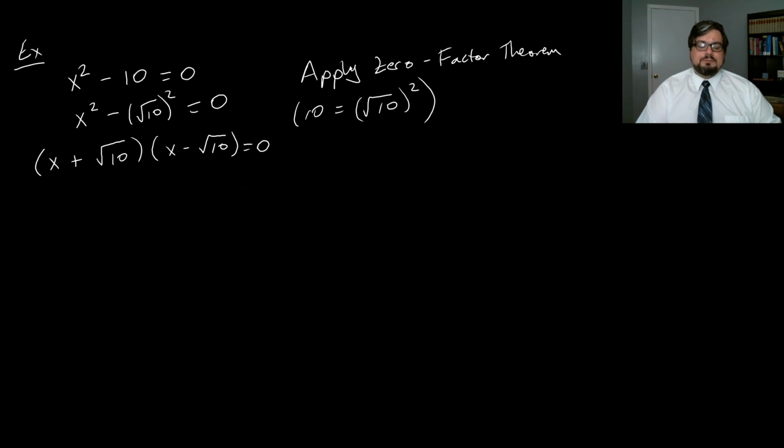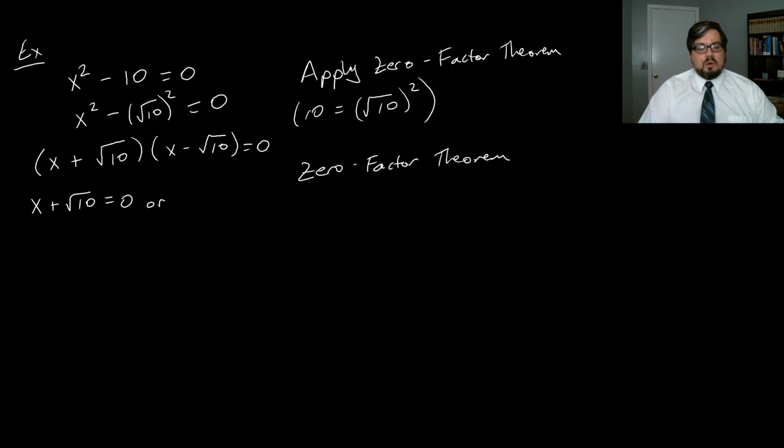equals 0. And once again, the zero-factor theorem tells us that this means that x plus the square root of 10 has to equal 0, or x minus the square root of 10 has to equal 0. Now, each one of these equations we can solve for x in the normal way.